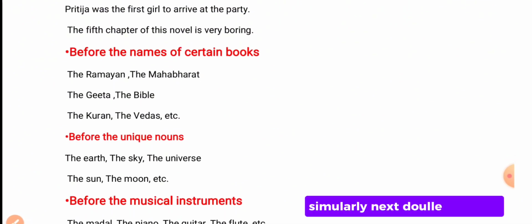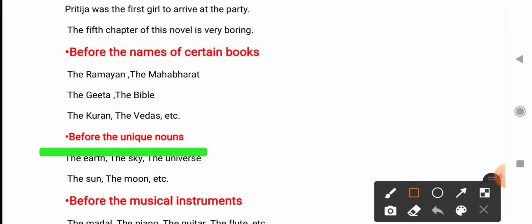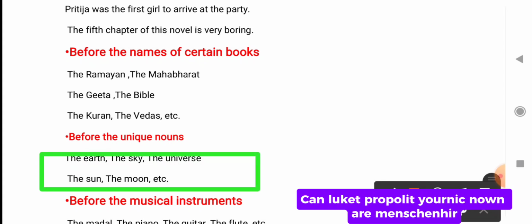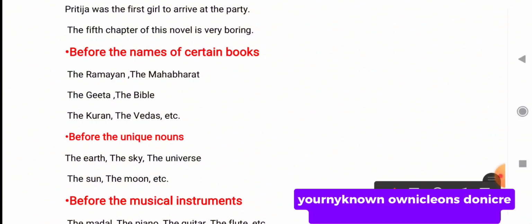Similarly, next rule, before unique nouns mentioned here. You can look at it properly. Before unique nouns, we use the article.